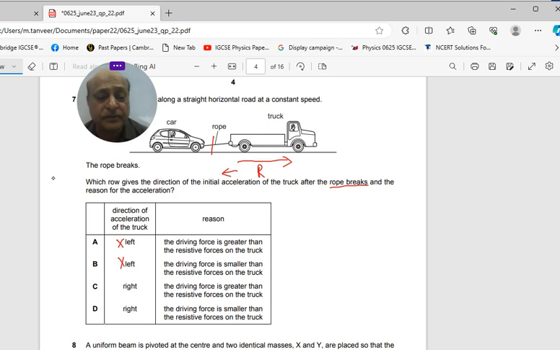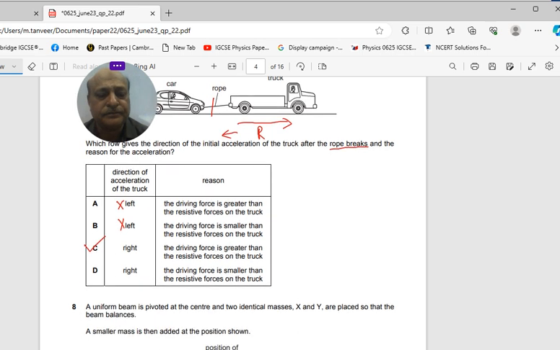So this option will be correct. Since the truck is moving and the resistive force tries to stop it, the resistive force is less and the driving force is more, due to which the truck is moving. If the resistive force is more and the driving force is less, then the truck will stop.